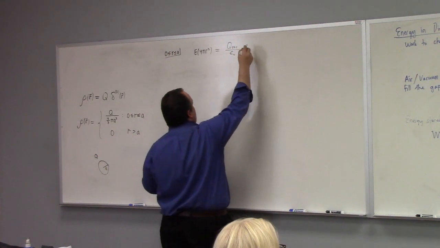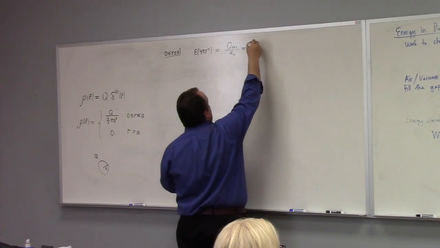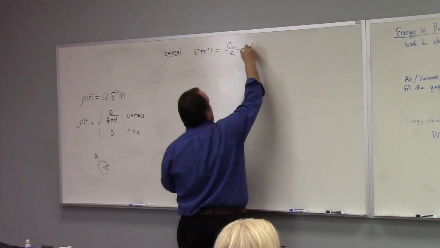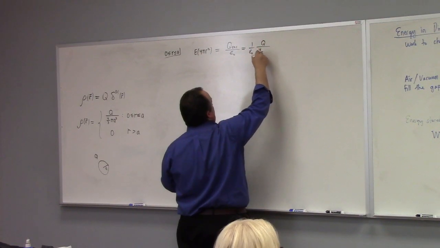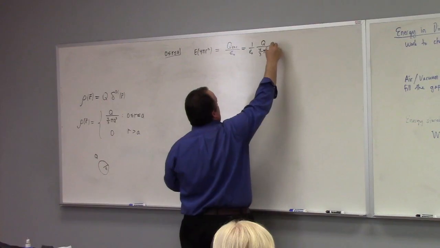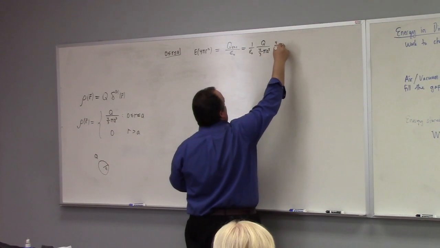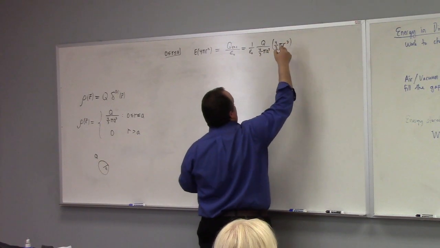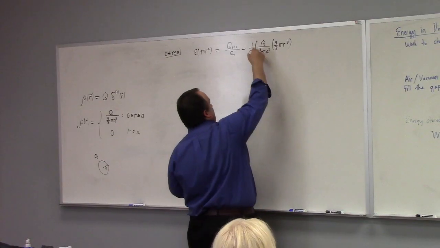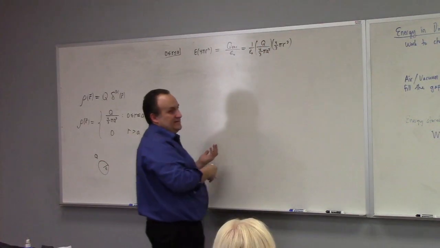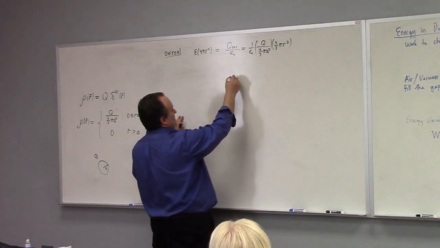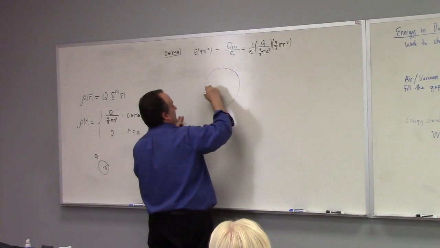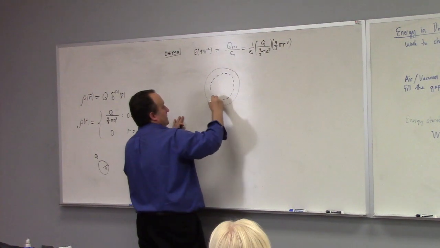But the Q enclosed is actually Q over 4/3 pi a cubed times 4/3 pi r cubed, right? Because it's a constant density, so the constant density times the volume subtended. Here's the picture of what's going on, guys. Here's the charge, here's my Gaussian sphere inside the charge, okay?